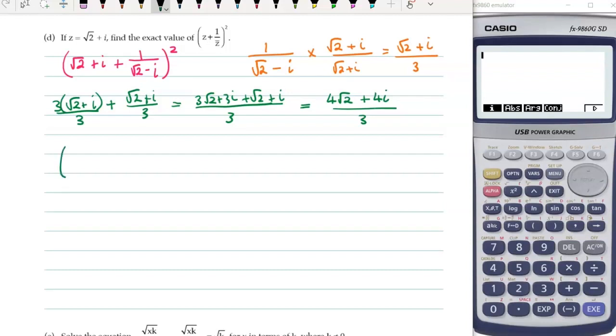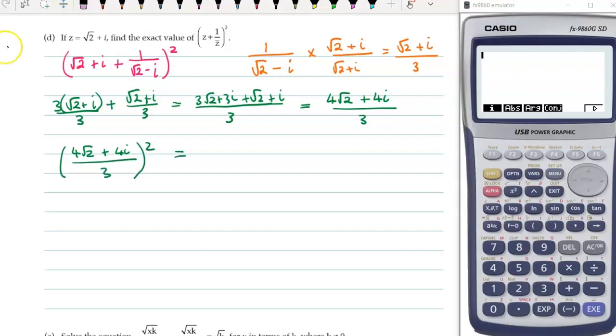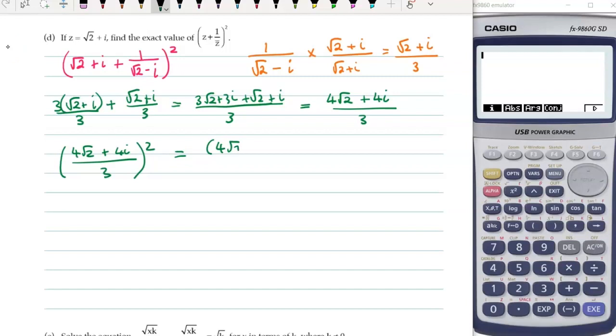Okay, now if we square it, we've got 4 root 2 plus 4i over 3, squared. So the top will look like this, and I'm deliberately writing it out twice so we don't miss any pieces. 3 squared on the bottom is 9. Now let's expand that bracket. We get 16 times root 2 times root 2 is 2, so that'll be times by 2. I'm just going to straight away turn that into a 32.